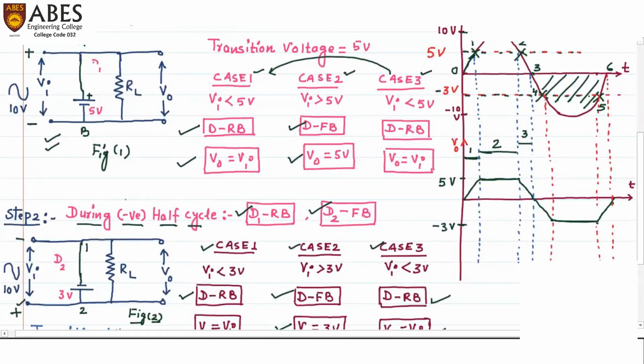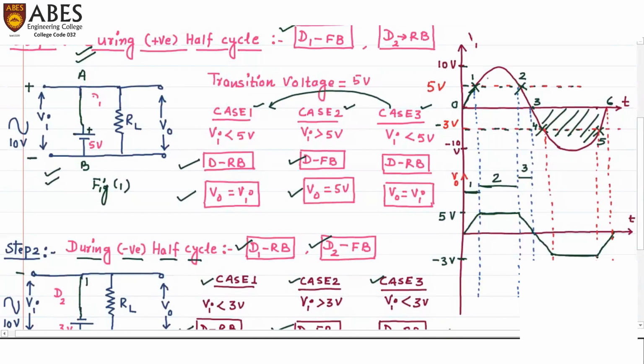So this is all about the output during the negative half cycle. Whether it is a positive half cycle or negative half cycle, both positive and negative half cycles are clipped off. If we see the input waveform, this portion of the positive half cycle is clipped off and this portion of the negative half cycle is clipped off.